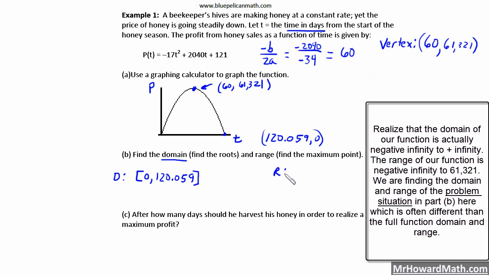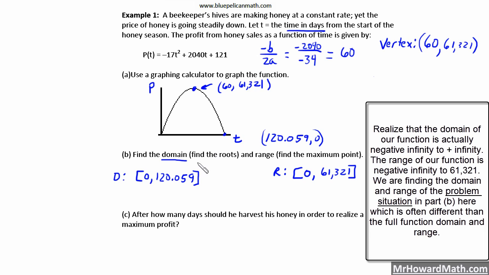Range is going to be from, we're talking about profit there, so we don't care anything about anything below 0 in profit, right? And we want to go up to the maximum, 61,321. Our range doesn't go above that at all, and these are included, so we're going to put brackets there.